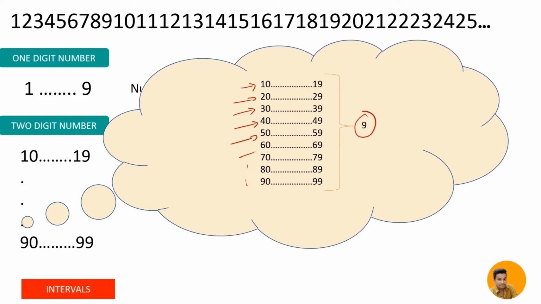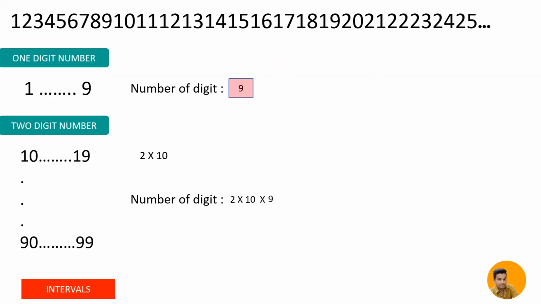We have 9 such blocks. Then I need to multiply by 9 also, correct? Because there are 9 such blocks and each block has 10 numbers with 2 digits each. So 2 into 10 into 9. So we got 180.